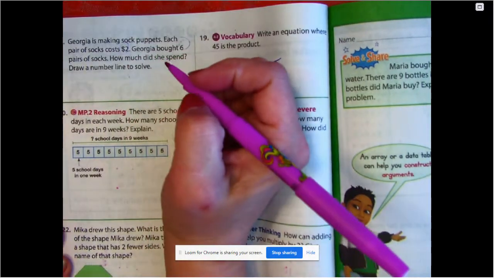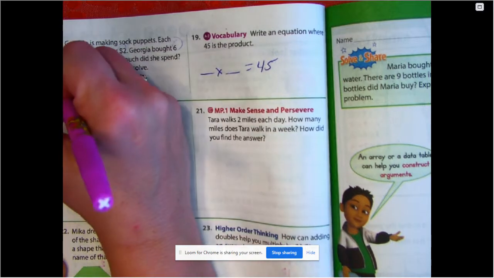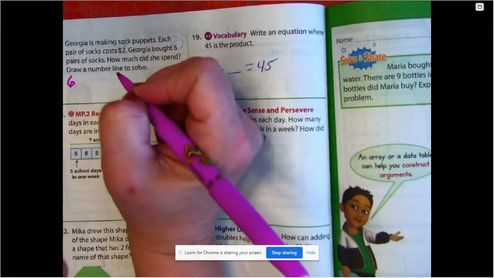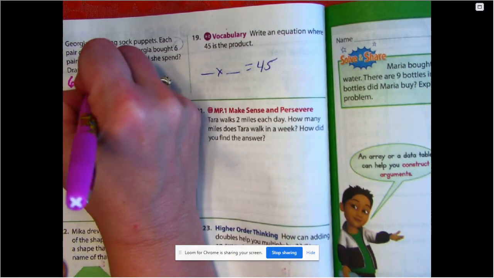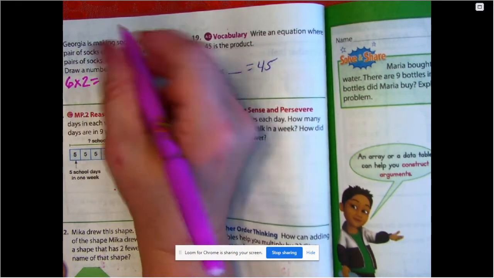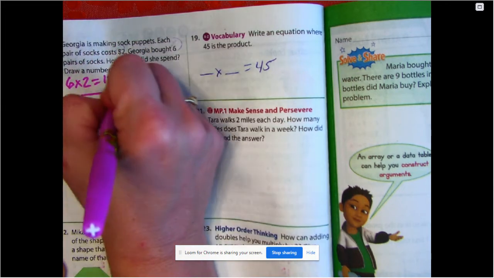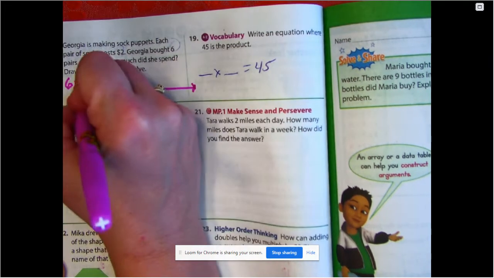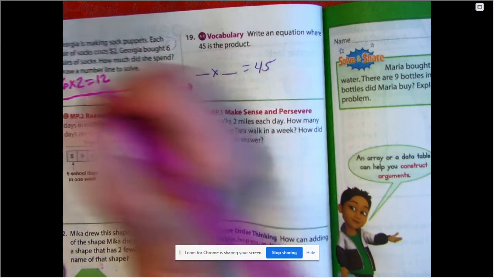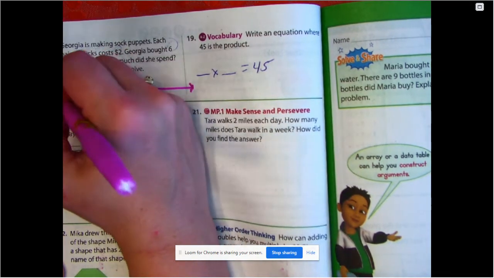All right, so she has $2. They cost $2 each. And she has 6 pairs. So 6 groups of 2, because there's 6 pairs, and each pair costs 2. She spent $12. So if we have a number line, okay, and we're going to be skip counting by 6s.